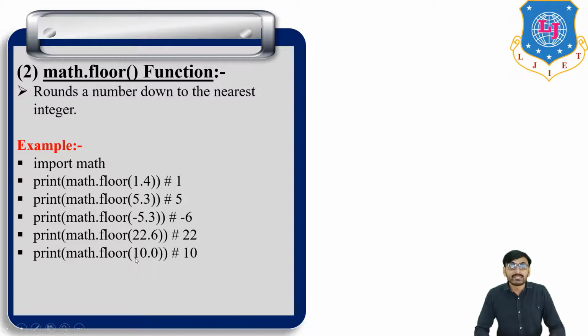There are two functions, ceil and floor. The ceil function is used to round a number upward to the nearest integer, and the floor function is used to round a number downward to the nearest integer. Now the same program we run in PyCharm.